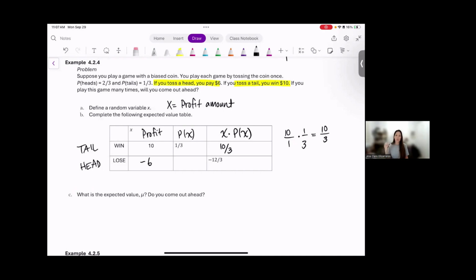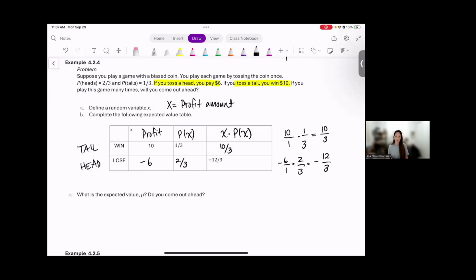So 1/3 plus 2/3 is going to give me 1 whole. And then let's verify that that's -12/3. -6/1 times 2/3. A negative times a positive is a negative. 6 times 2 is 12, and 1 times 3 is 3. Now I've completed the table.